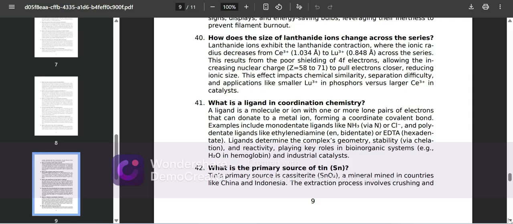This results from poor shielding by 4f electrons, allowing the increasing nuclear charge, Z equal to 58 to 71, to pull electrons closer, reducing ionic size. This effect impacts chemical similarity, separation difficulty, and applications, like smaller Lu3 plus in phosphors versus larger Ce3 plus in catalysis.